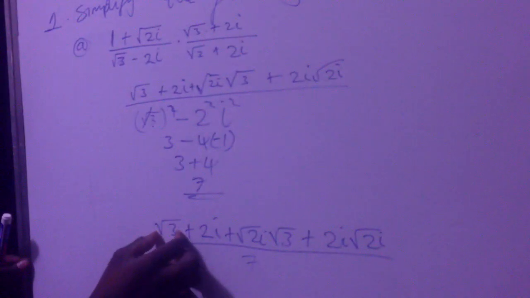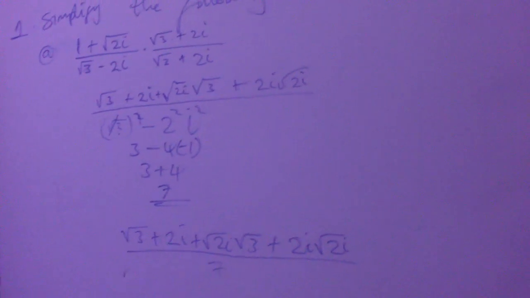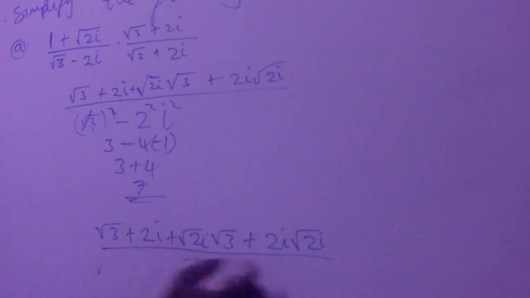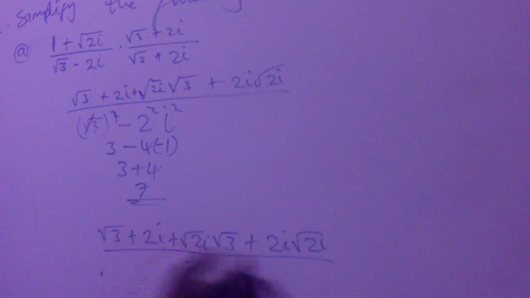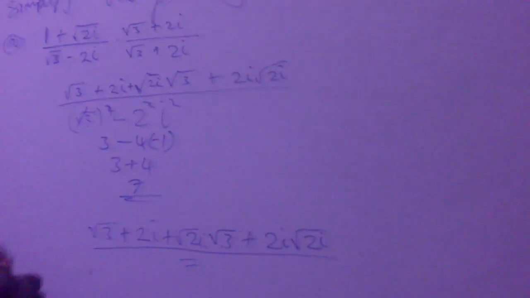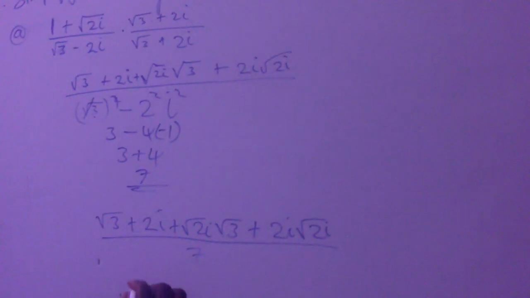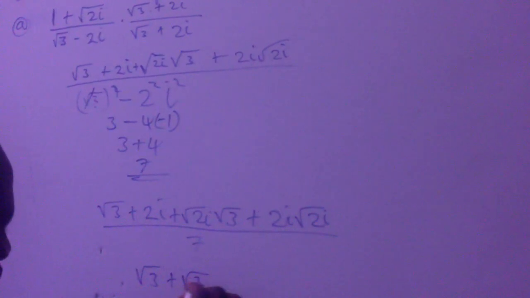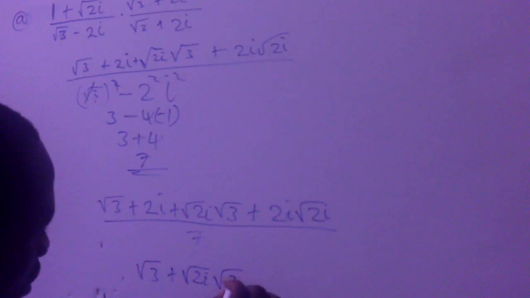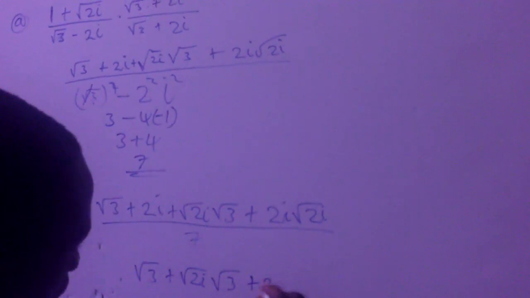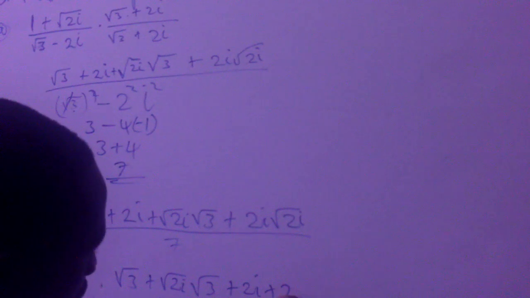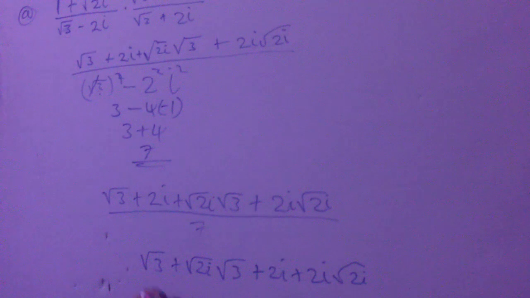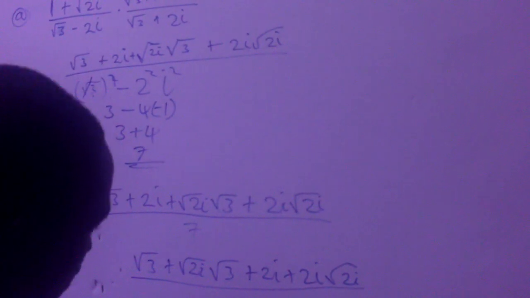We have got root 3 here, we have got root 3 here. So this will go with this. Then this is 2i, this is 2i also, which means this will go with this. So we have root 3 plus root 2i root 3, plus 2i plus 2i root 2i, over 7.